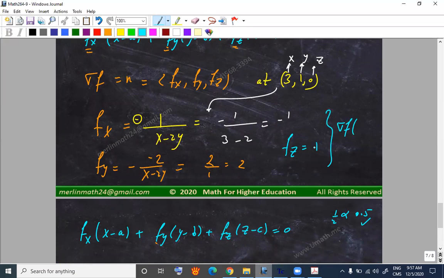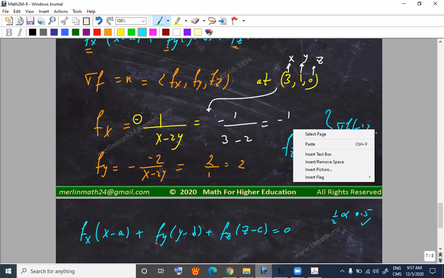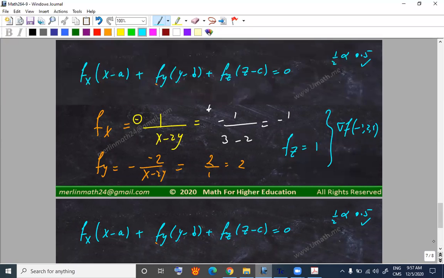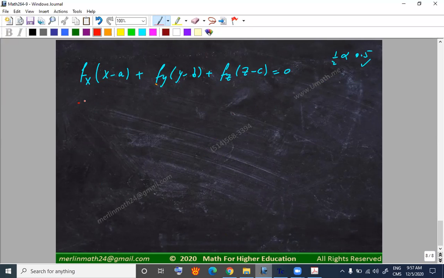You take minus 1, 2, 1. Replace those again, and fill in the rest. So what is your point? At (3, 1, 0). So the final answer would be x minus 3, y minus 1.